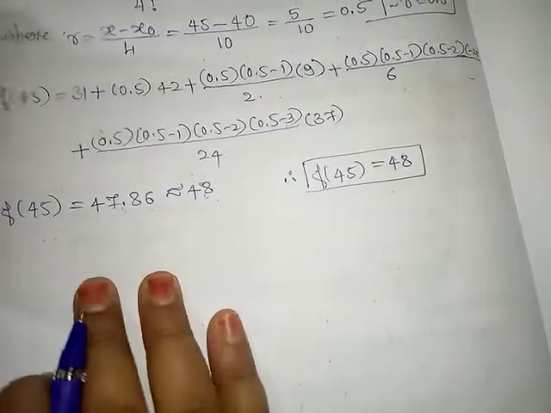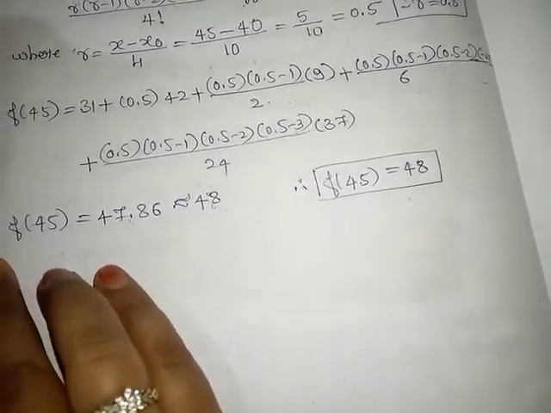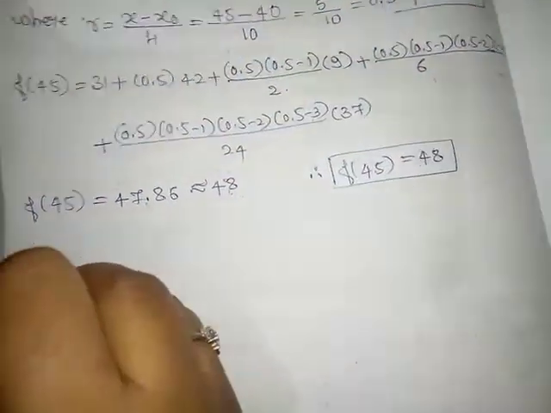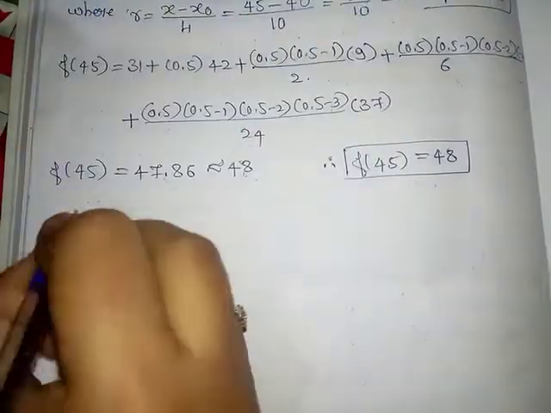The first one is over. Next, go through B. Before that, first write the conclusion of this one.